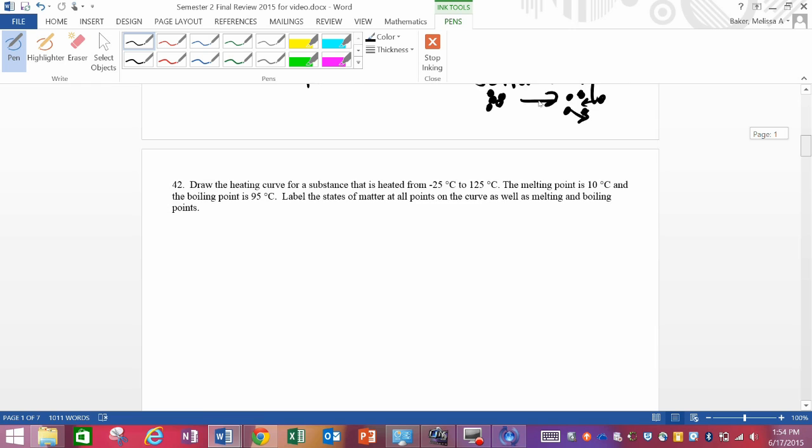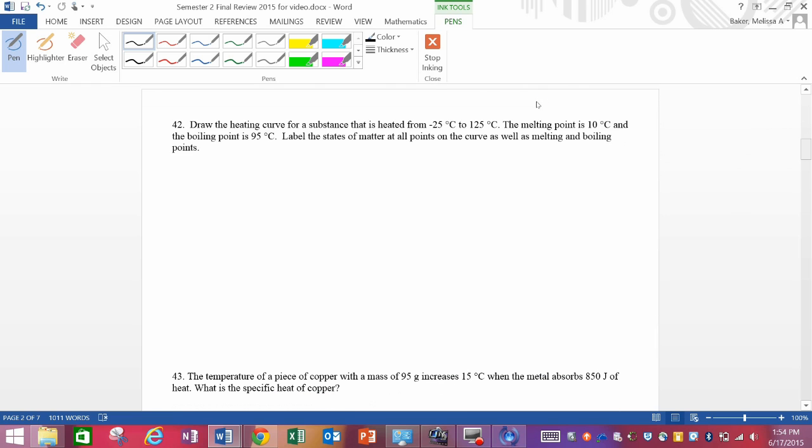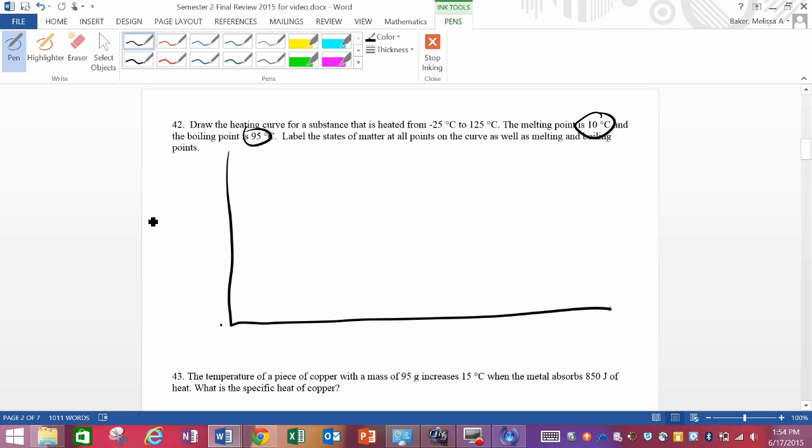Then it asks you to draw a heating curve for a substance that's heated. And for this weird substance, the melting point's 10 and the boiling point's 95. It says label the states of matter. So we're starting at negative 25 degrees Celsius, so I would label this temperature degrees Celsius, and it goes up to 125.